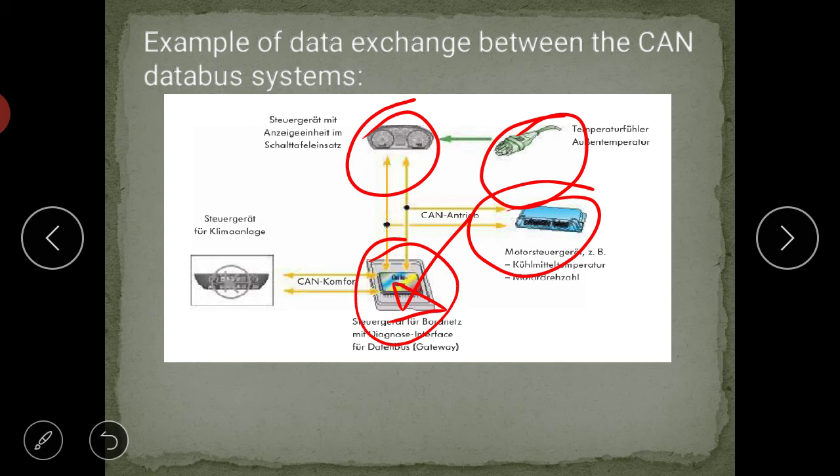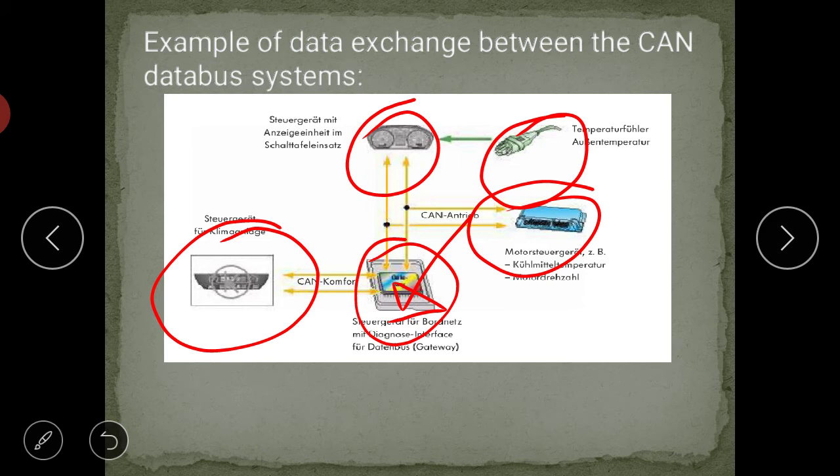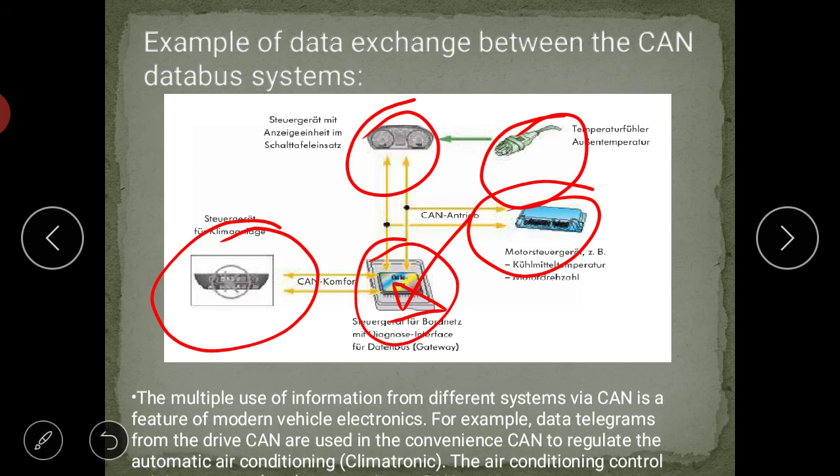Whatever data is needed by the climatronic control unit, the AC control unit, it accepts from the gateway and uses it. That is, the outside temperature sensor data from the drive CAN bus system is used by the climatronic control unit, which is connected to the convenience CAN system. So data from the drive CAN, which has a speed of 500 kilobyte per second, is converted to 100 kilobyte per second and fed to the climatronic control unit. This is how the operation takes place.